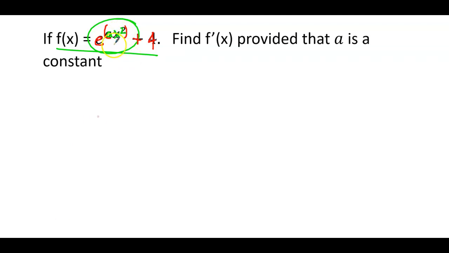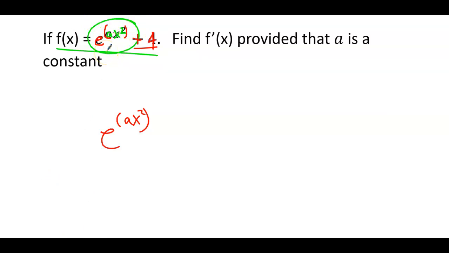Okay, so let's do the derivative of the outside. The derivative of an e function is that it stays exactly the same. It doesn't change. The 4 is a constant rule, not a constant multiple rule, but a constant rule. And with those, it just goes away. It's 0, right?